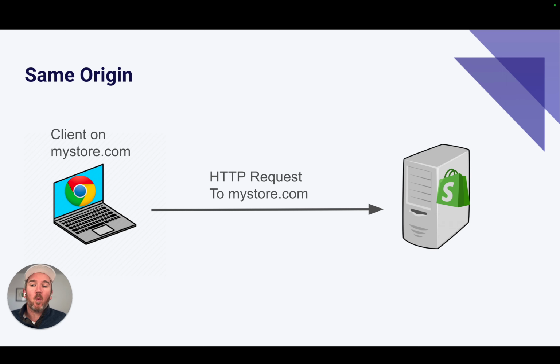The difference is when the client is on mystore.com and they make an HTTP request to my Shopify store, which is also on mystore.com, that is a same origin request. And basically everything goes in a same origin request. Why? Because we need same origin requests to operate the internet the way everybody has become accustomed to.